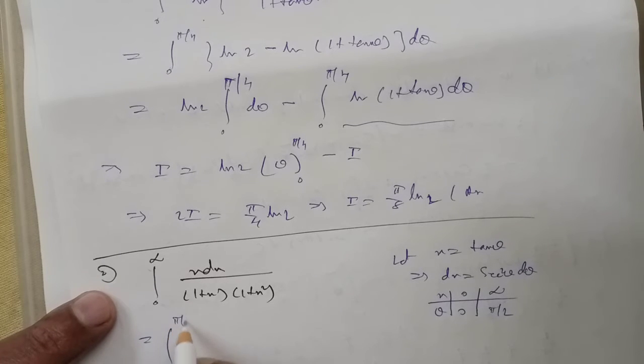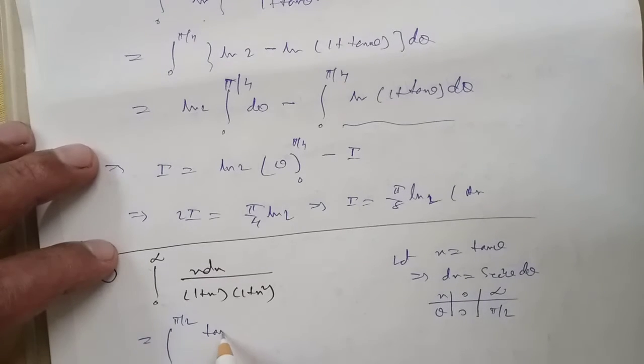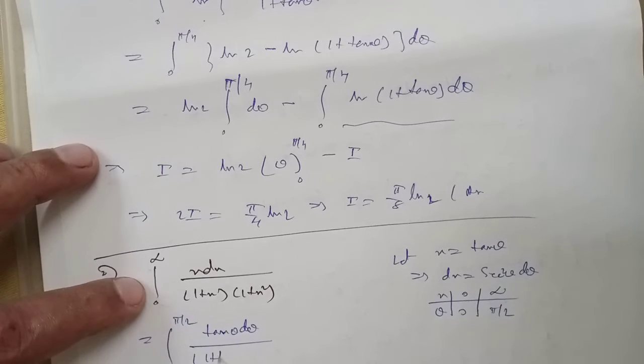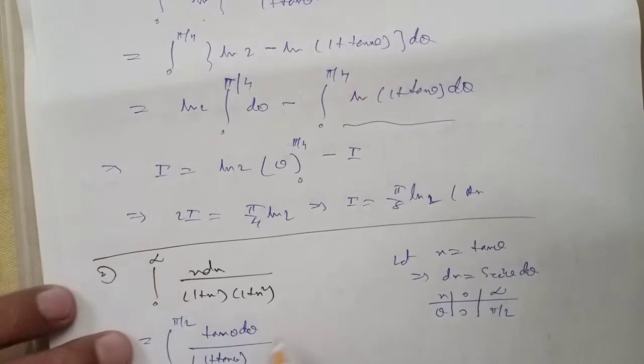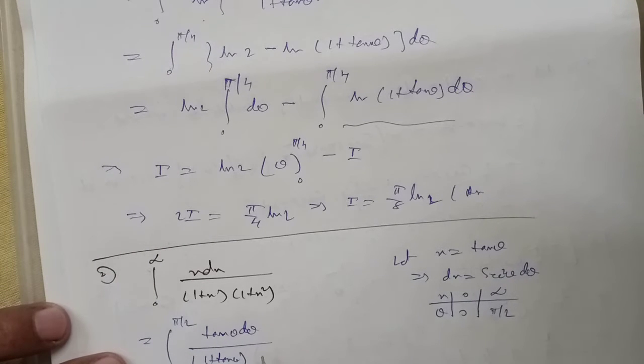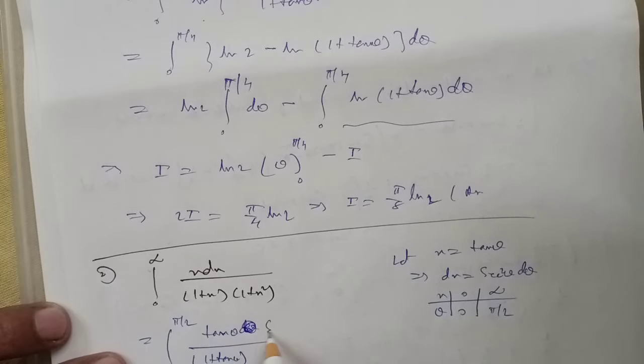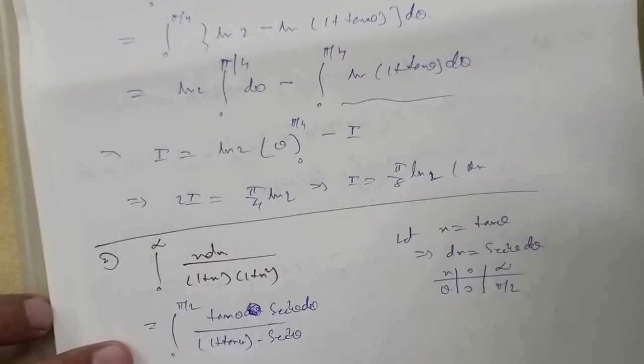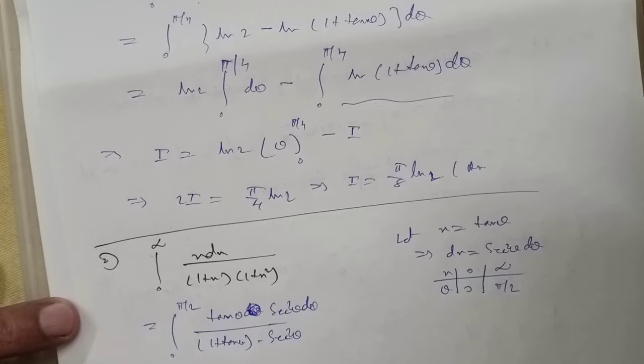So 0 to pi by 2 tan theta d theta by (1 plus tan theta)(1 plus tan square theta), where dx is sec square theta d theta. 1 plus x square is sec square theta, so they cancel each other.